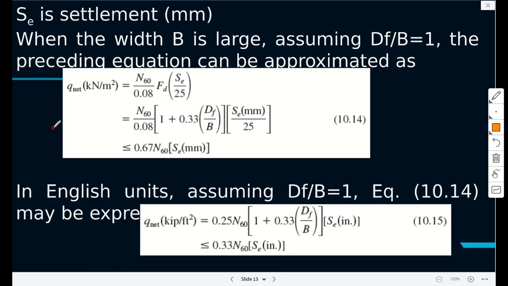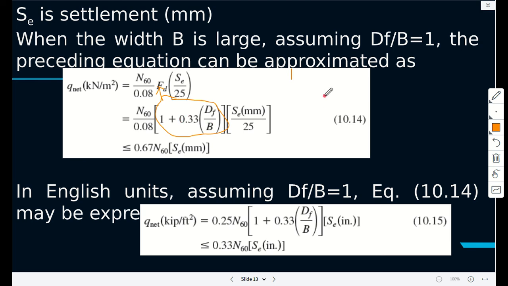And SE is the settlement in millimeters. So when B is large, assuming... actually, FD is this one. So that is the value of FD.